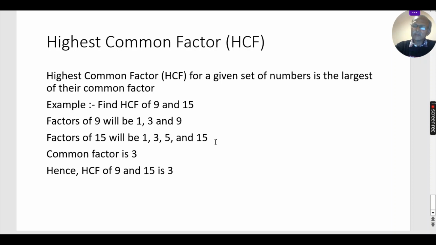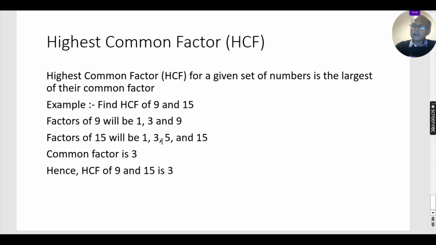So we have got two lists of factors: 1, 3 and 9, and the second list 1, 3, 5 and 15. What we have in common is 1 and 3.